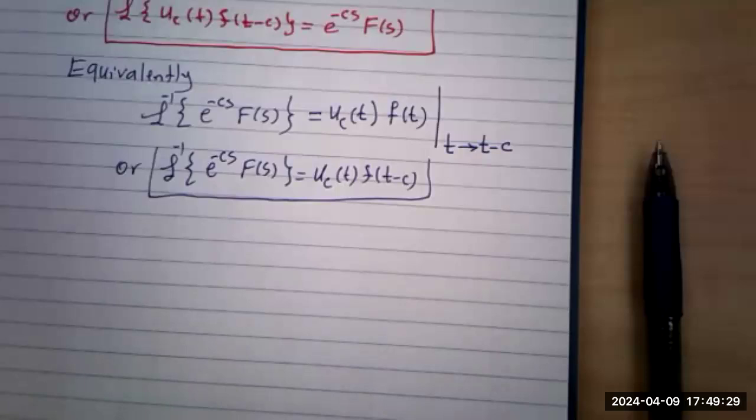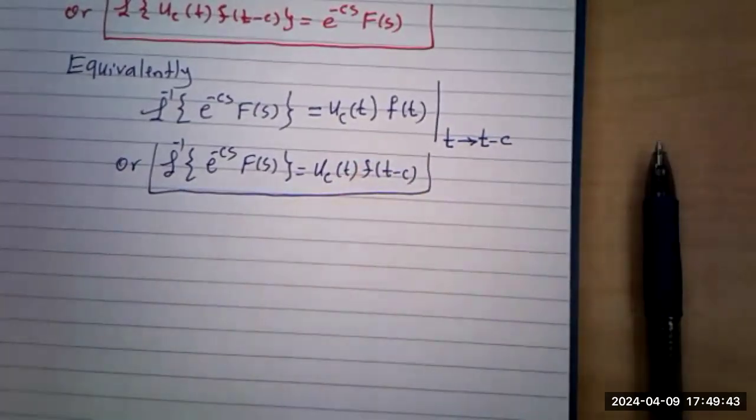It's something extra on top of what you did today, for example. Same problem, I draw one of these using the step function. First, you ignore it and find your f of t. At the end, you come back and change f of t to f of t minus c. Then we can solve it.